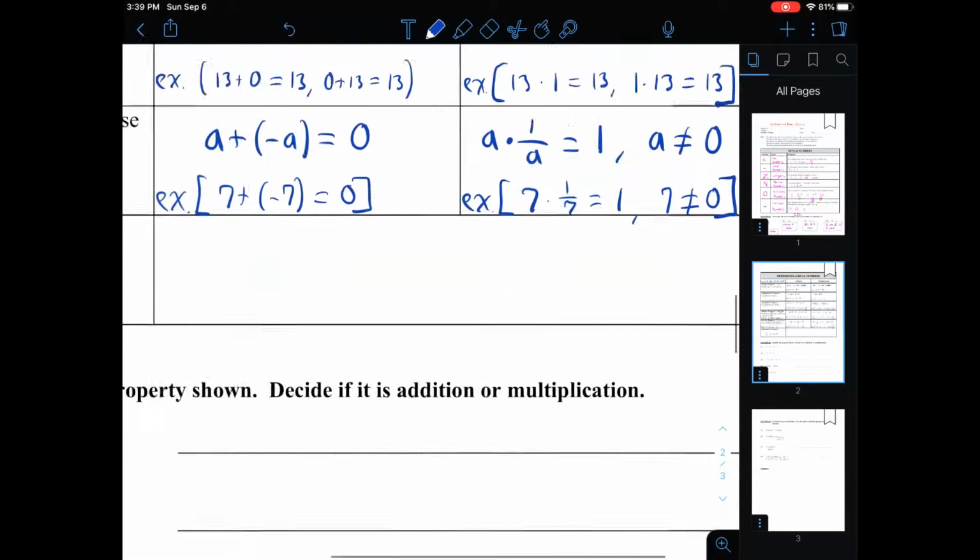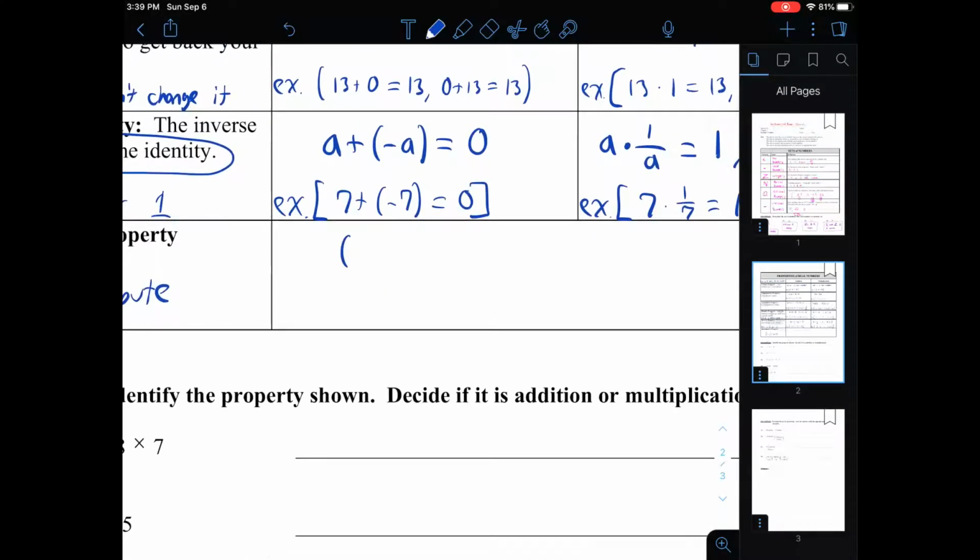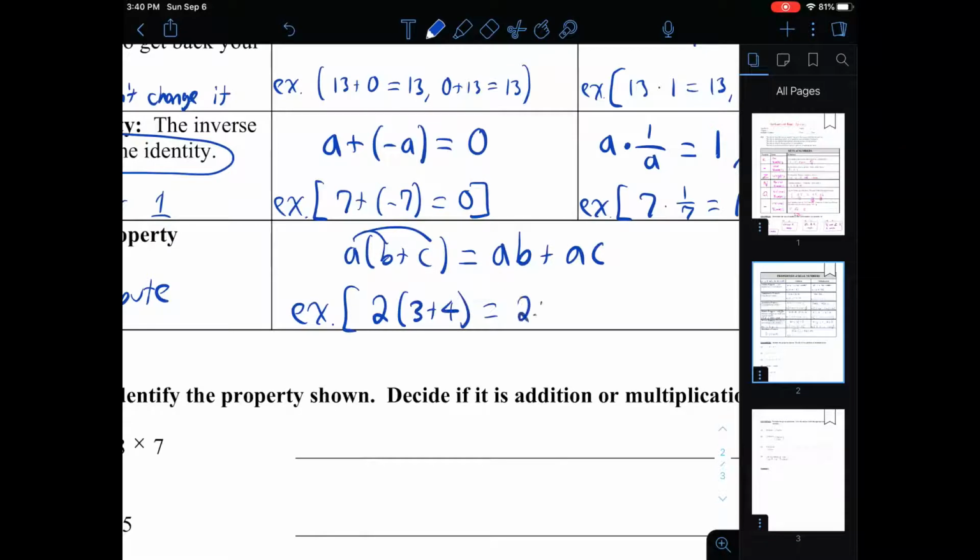So if we do, in parentheses, a times b plus c, what am I going to get when I distribute the a to both of these? A times b plus c is going to be ab plus what? Plus ac. Our example is going to be, if we do 2 times 3 plus 4, that's going to equal the same thing as 2 times 3 plus 2 times 4, which equals 14.